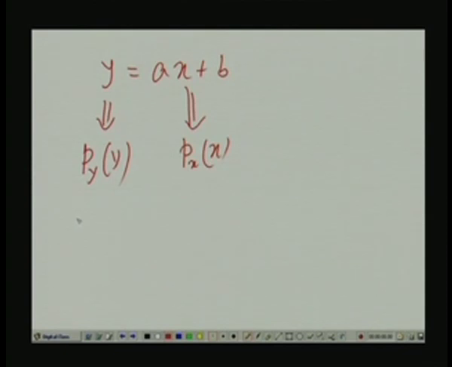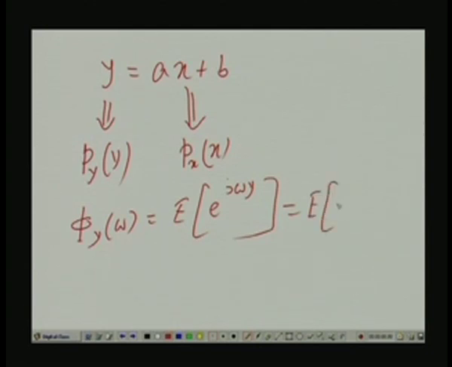Then what is phi y omega? This is nothing but the expected value of e to the power j omega y, right, but y is a x plus b.